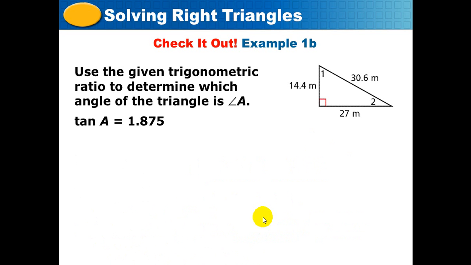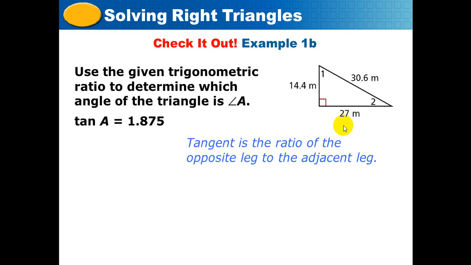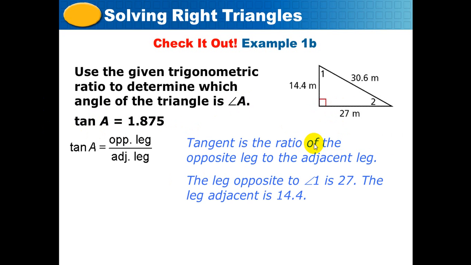Another example, use the given trigonometric ratio to determine which angle is angle A. If given tan A equals 1.875, we know that tan is the ratio of the opposite to the adjacent. Okay, let's try angle 1.